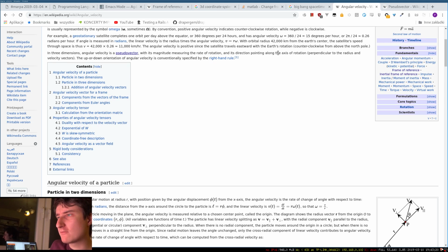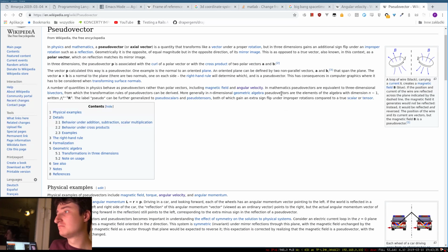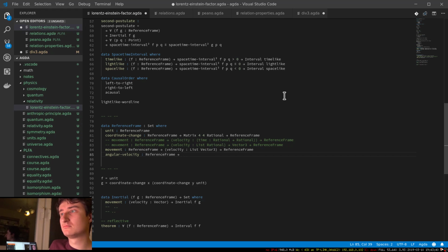Oh, I get it. Right hand rule, I kind of remember. So what we would have is a point on the surface, not exactly a vector, but just the end of the, wait, yes, vector.